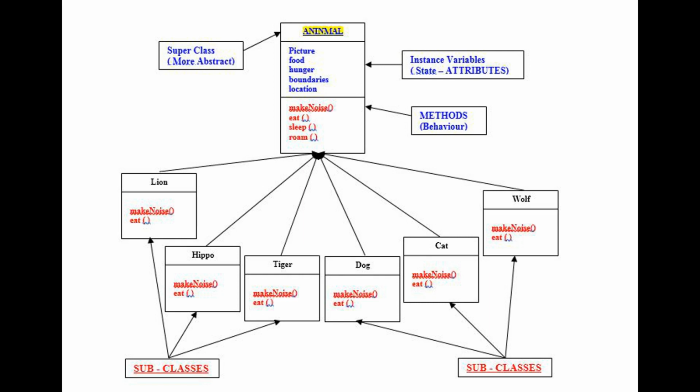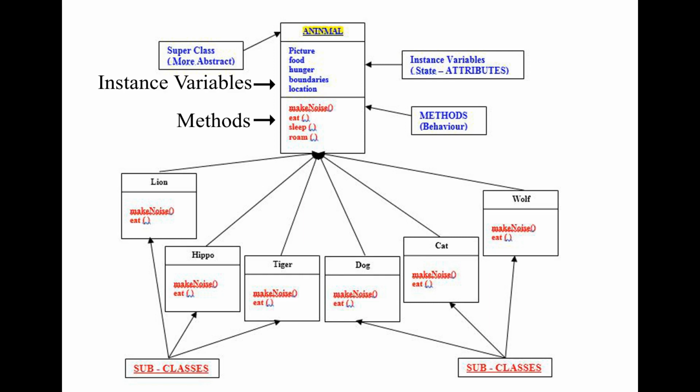We could potentially subclass this class and create different classes. For instance, you could have a subclass called Lion, and when we do subclass a class, then these instance variables and the methods get inherited by all of these.